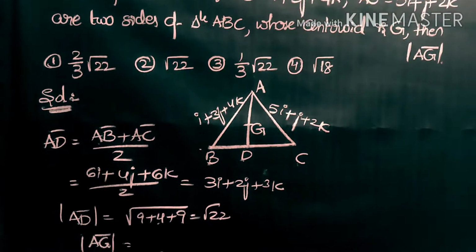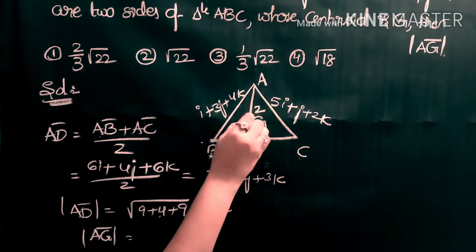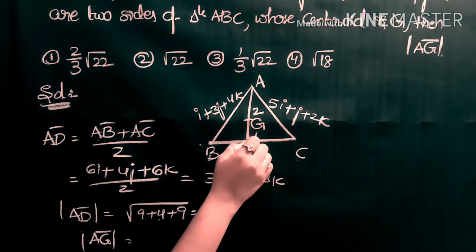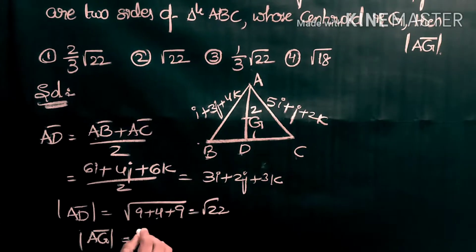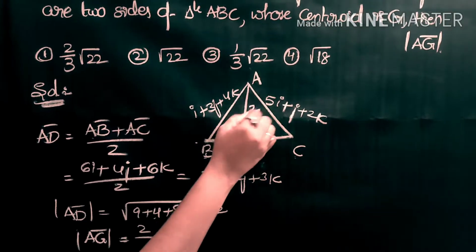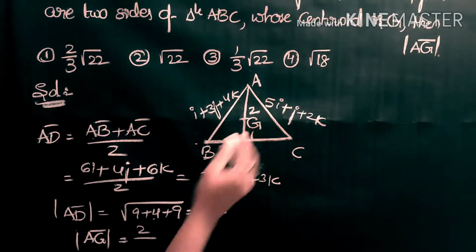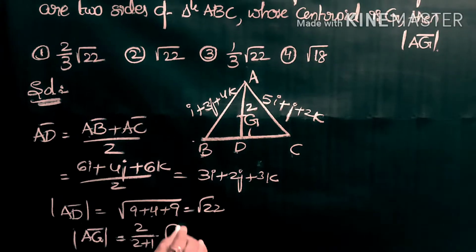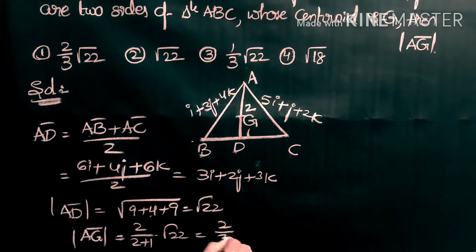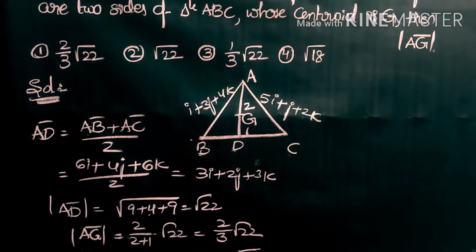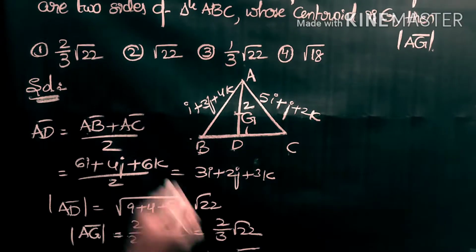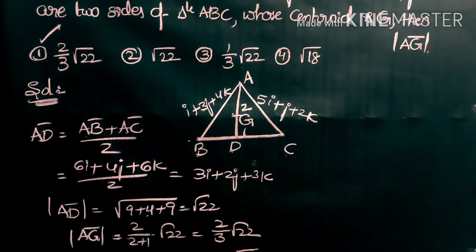The centroid divides the median in the ratio 2:1. Therefore the magnitude of AG is 2 by (2 + 1) into root 22, that is 2/3 into root 22. This is the magnitude of AG, and that is the first option.